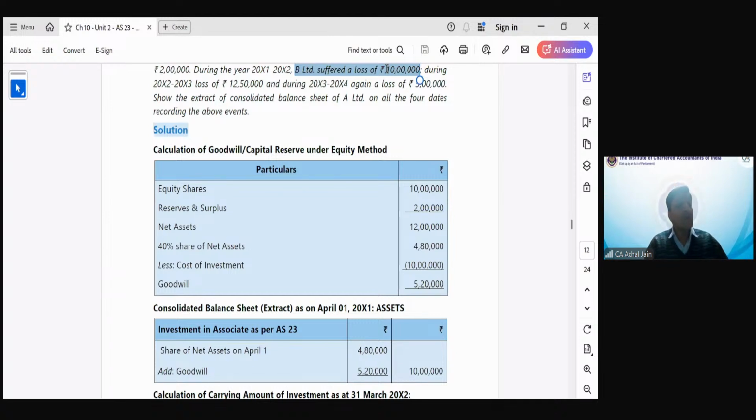So therefore, what will happen? The proportionate share of this loss will be passed on to A. Proportionate share of loss will be passed on to A. So what is going to be the proportionate share of this loss? Nitin says 4 lakhs.